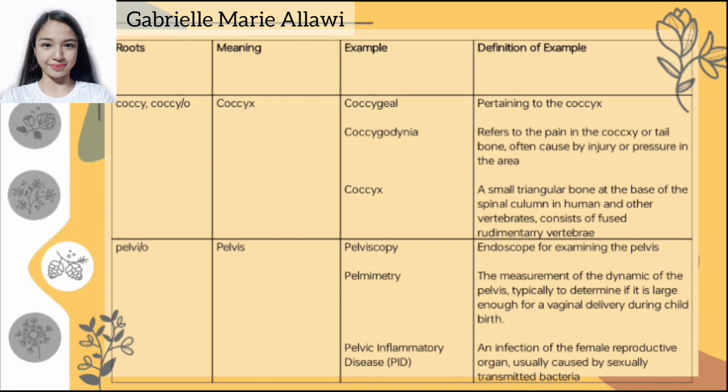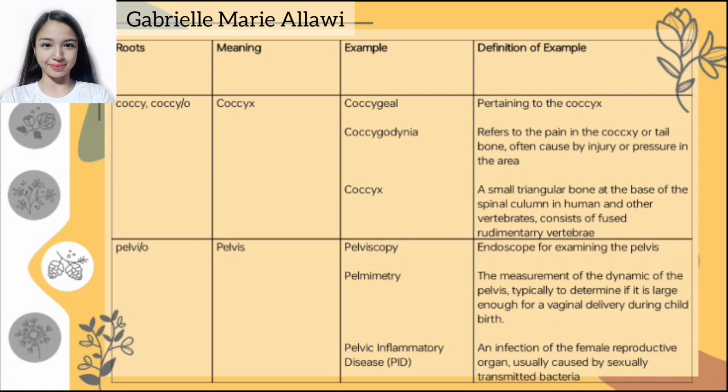It also plays a crucial role in supporting body weight, providing a base for movement, and aiding in walking, standing, and other activities. Additionally, the pelvis is essential for childbirth as it accommodates and supports the growing fetus during pregnancy and facilitates the birthing process.